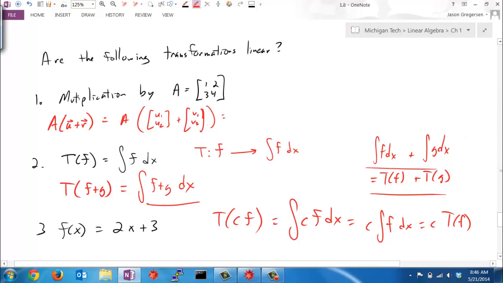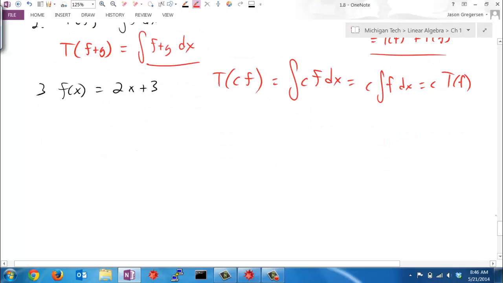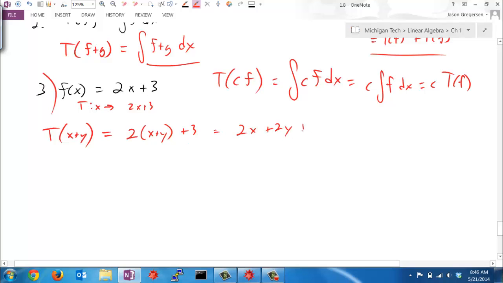All right. The last one. F of x equals 2x plus 3. So if I take my transformation, so this is T that takes some x and maps it to 2x plus 3. If I take T of x plus y, the sum of two things, I plug that into my function. I get 2 times x plus y plus 3. I distribute the 2. I get 2x plus 2y plus 3.